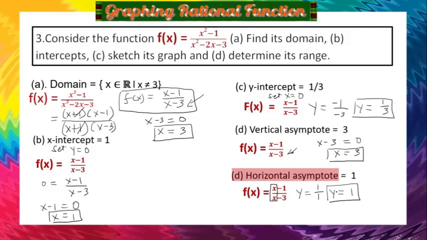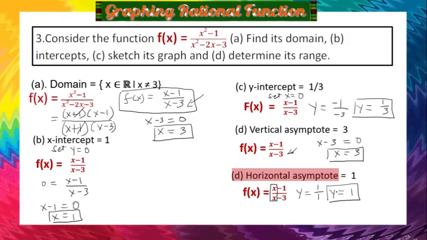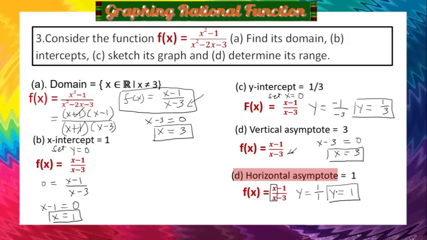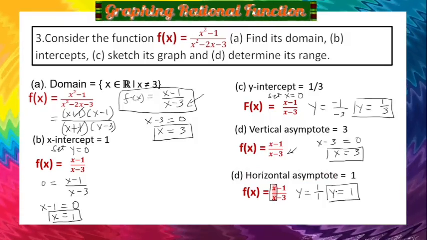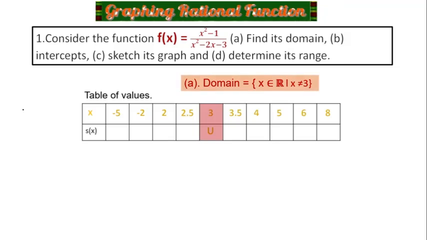Okay, so after that we will move to the table of values before graphing all of these values. Take note that our domain includes all elements of real numbers except 3. Using the same reduced function, x minus 1 over x minus 3, let's say we use 2.5.